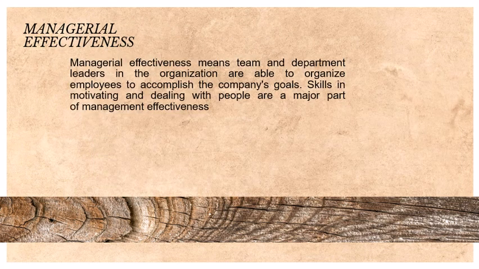Next, the managerial effectiveness. Managerial effectiveness means the team and department leaders in the organization are able to organize employees to accomplish the company's goals. Skills in motivating and dealing with people are the major parts of the management effectiveness. So, kadalasan ang managerial effectiveness, ito yung performing managerial activities effectively.